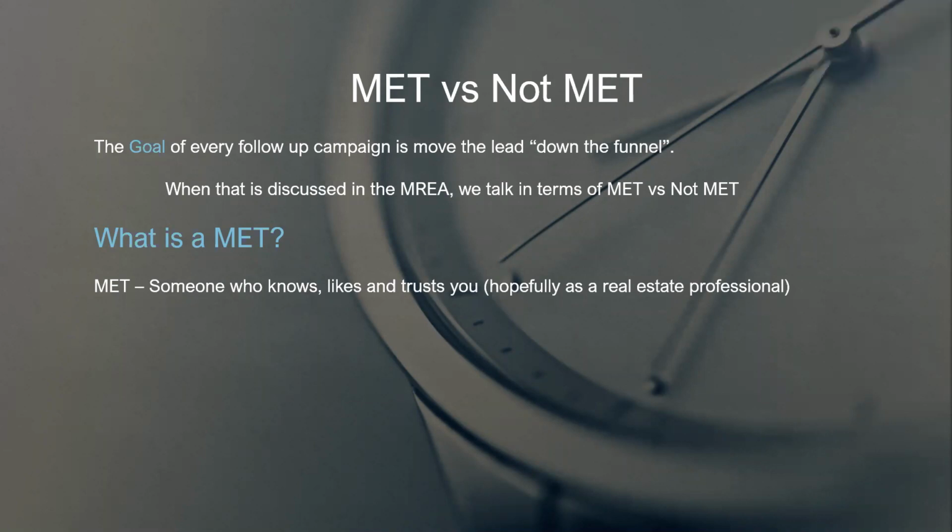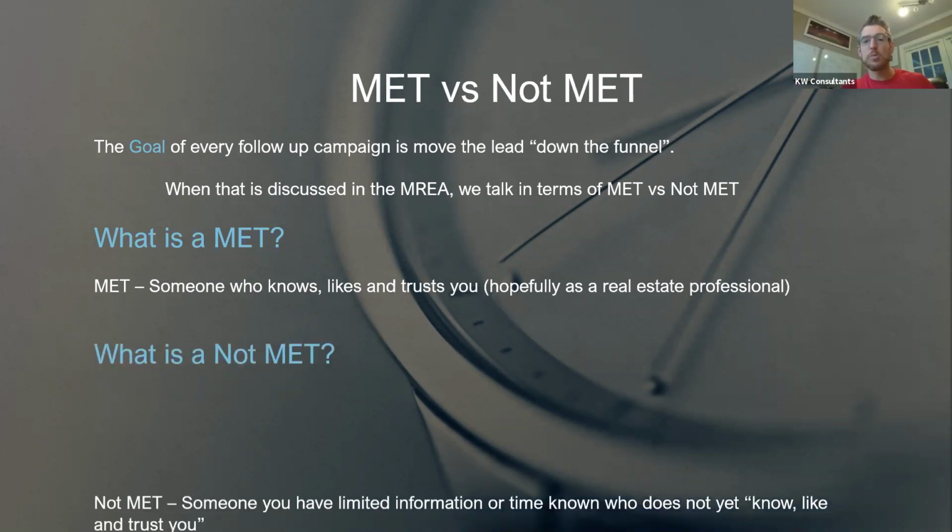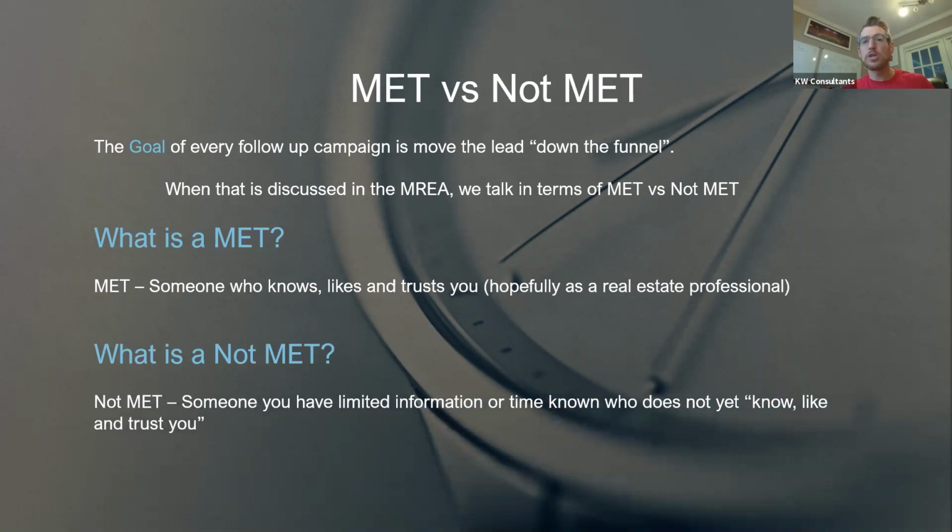I would just say those are my sphere of influence people. I didn't define it like you did, but it makes sense. Then a not met is going to be someone who you have limited information on, or limited time known, who does not yet know, like, and trust you, and you could again put in parentheses as a real estate professional.